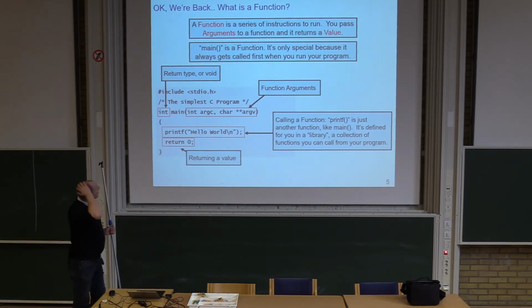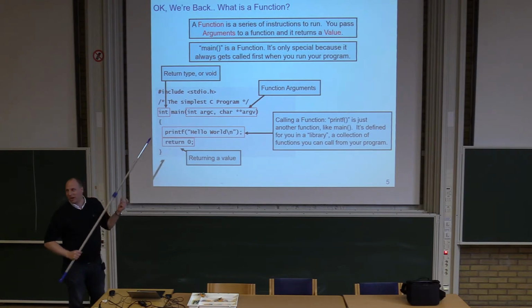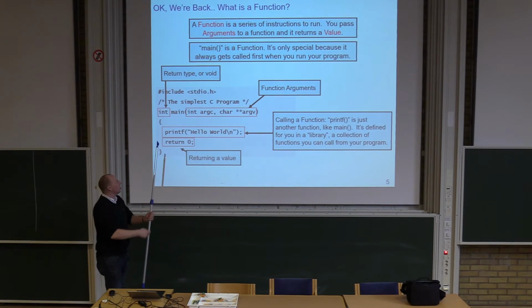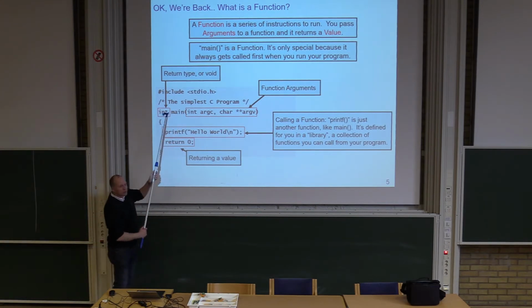Okay, so we talked about the function here. A function is a series of instructions to run, and you pass in arguments and you return a value. And the main function is a very special function, because when the program starts to run, the operating system will look up the address of where this function is located in the memory and set the program counter to that address and start to execute from here.